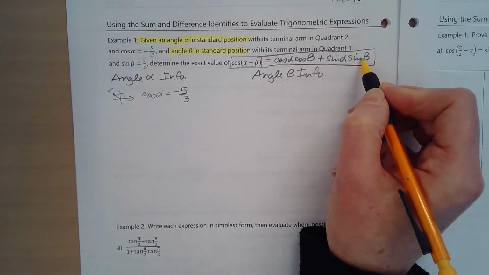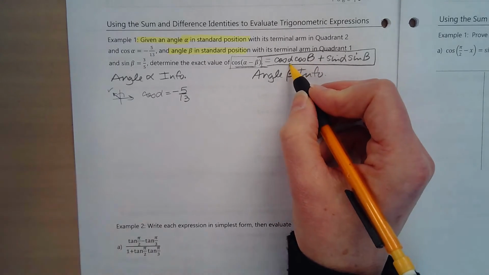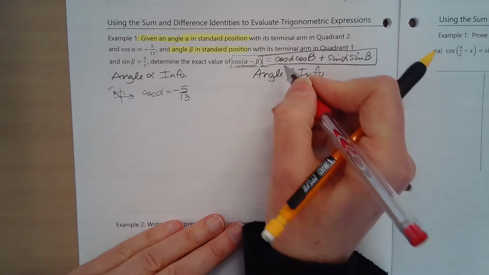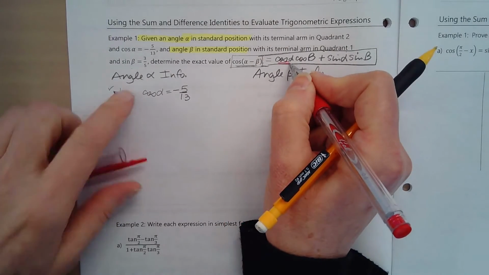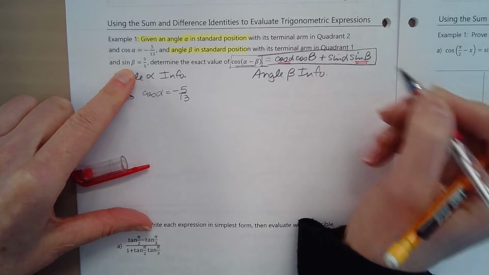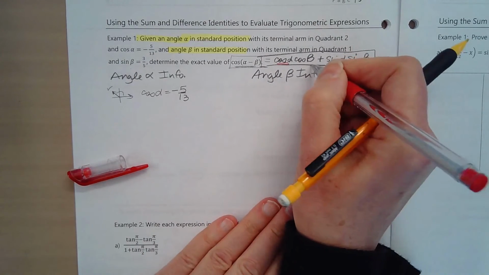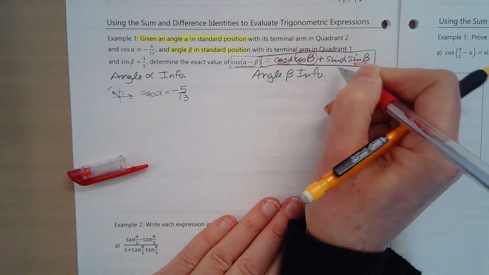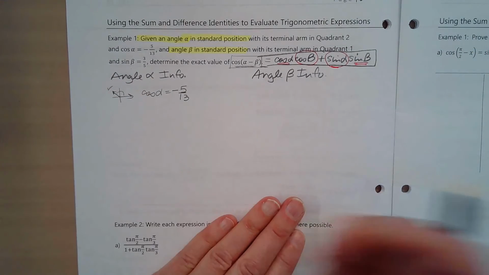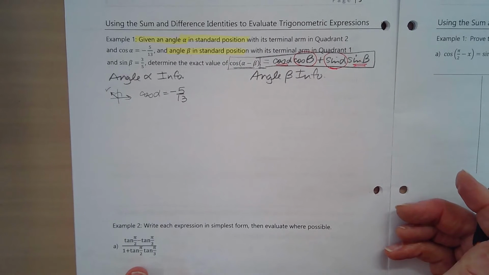Now they gave me cos of A, so they gave me this one, and sine of B, this one. So I have to come up with the other two ratios: cos of B and sine of A. How am I going to do that?